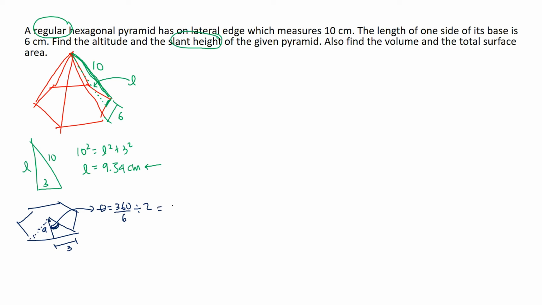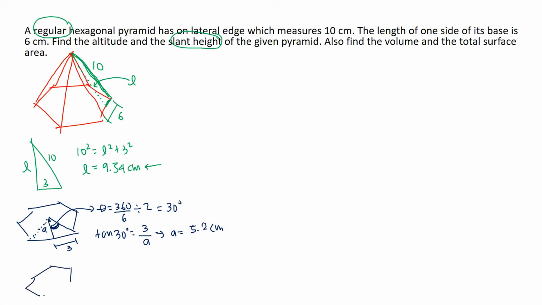So theta is 30 degrees. Tangent 30 degrees, opposite is 3, adjacent is the apothem. Solving for the apothem, we get 5.2 centimeters.